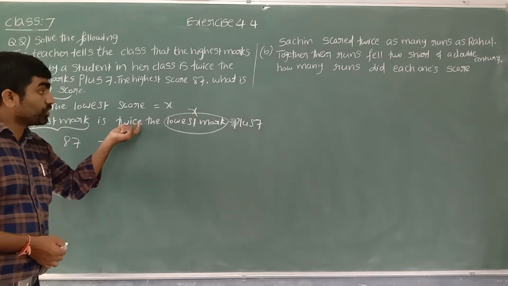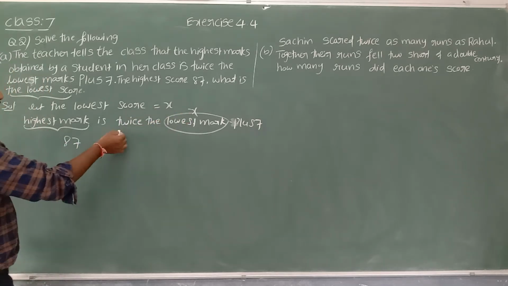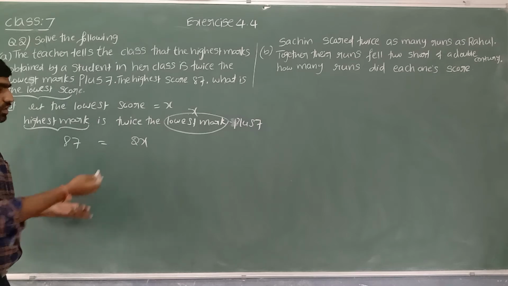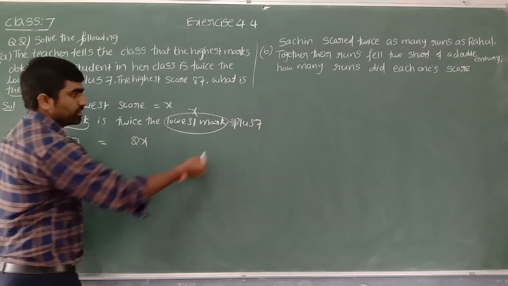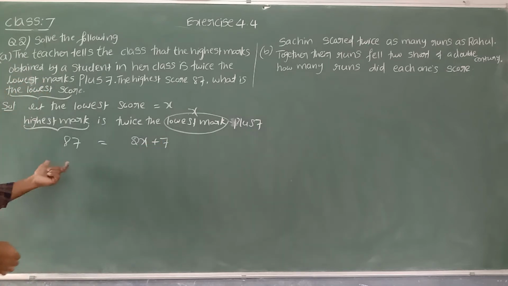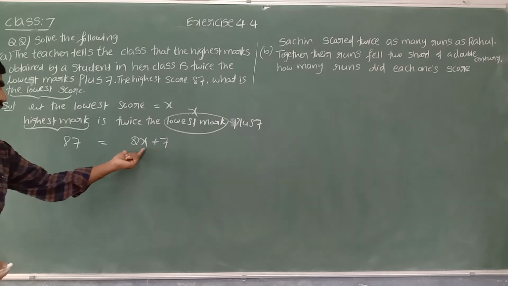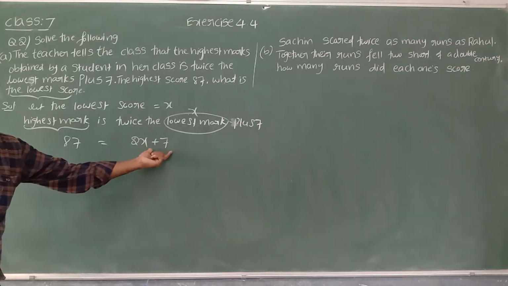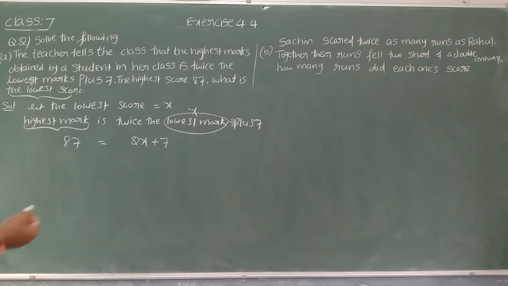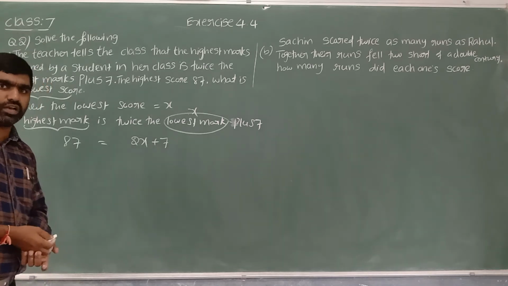How can I write 2 times x mathematically? Twice x we can write 2 into x, or simply 2x plus 7. Now we can see one simple equation, which is 87 is equal to 2x plus 7. After forming the simple equation, we have to solve this simple equation by using any one convenient method.